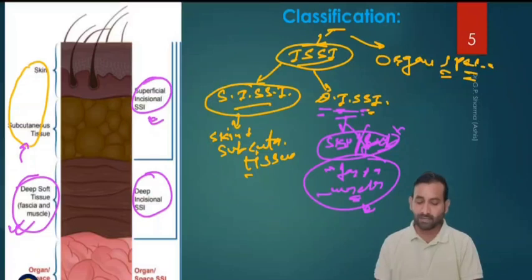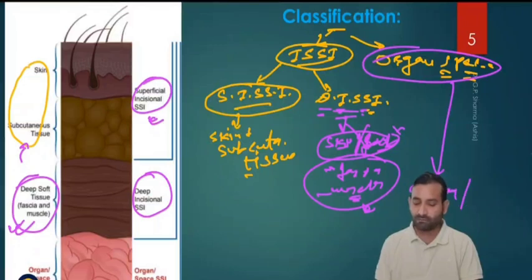Clear? And organ space infections means they may involve the organ, or they may involve the spaces in the body. Spaces means, for example, the peritoneal space produces peritonitis, the pericardial space produces pericarditis, the pleural space produces pleuritis, the meningeal space produces meningitis, right?